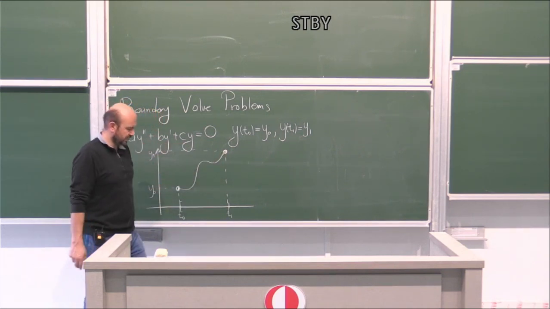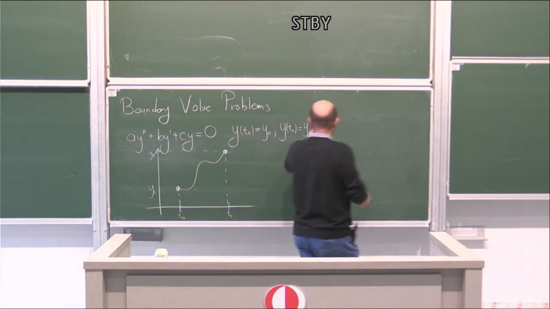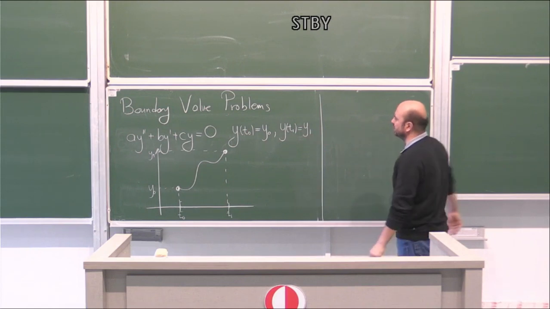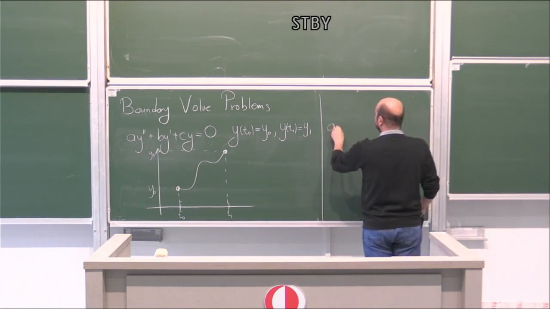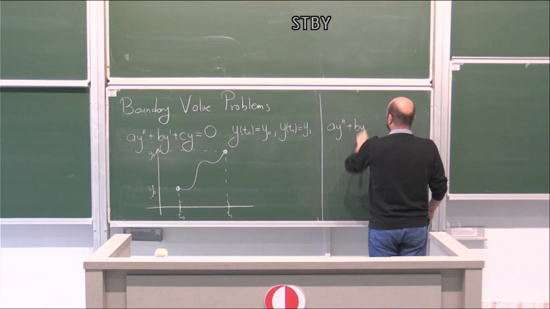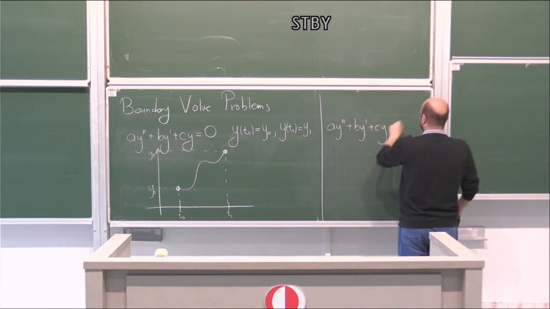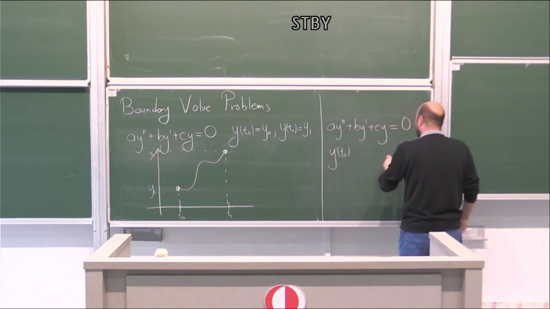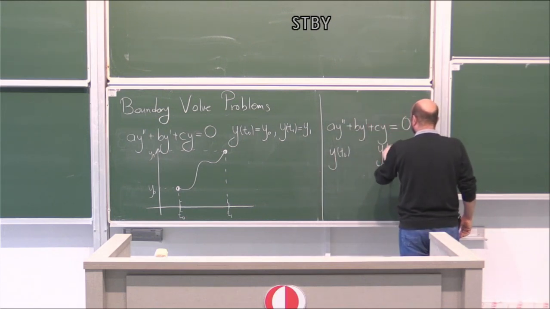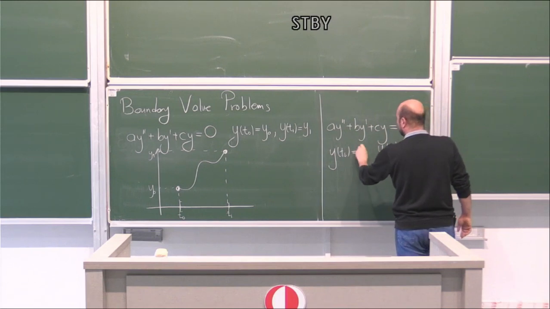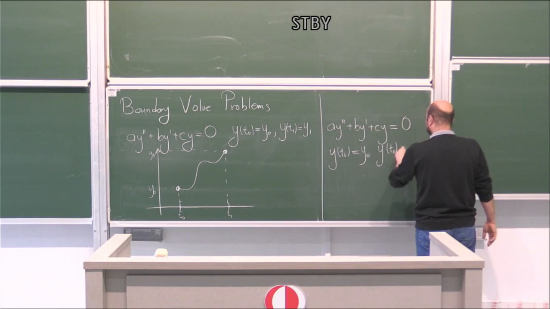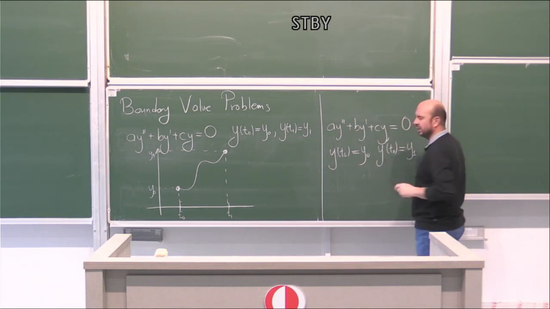Their nature is different. If you remember, for the initial value problem, with the same differential equation, I need to give you again two values, but they are given at the same point. You can think of one of them as the initial position and the other as the initial velocity.